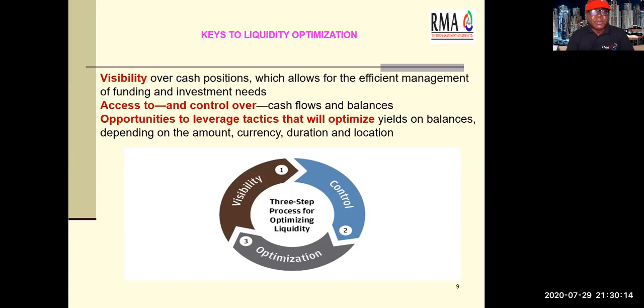Control is about access to cash flows and balances, and then the optimization process has to do with opportunities to leverage tactics that will optimize the yields on balances depending on the amount, currency, duration, and location. So following this three-step process, any bank can actually optimize liquidity management in their respective institutions.